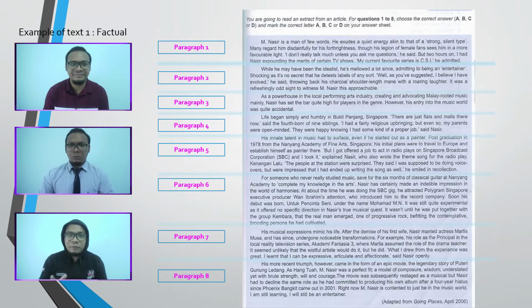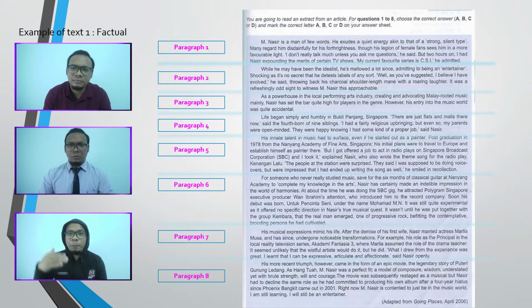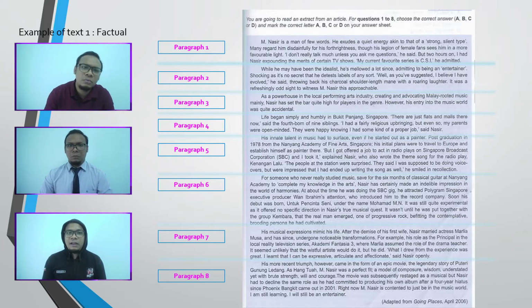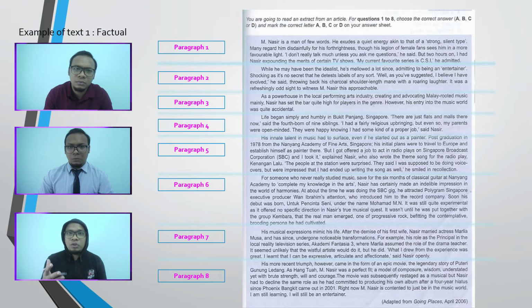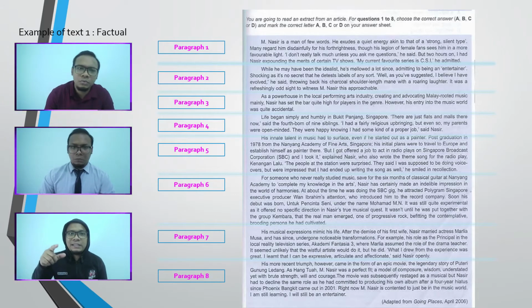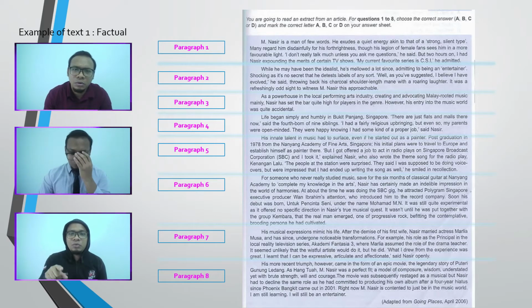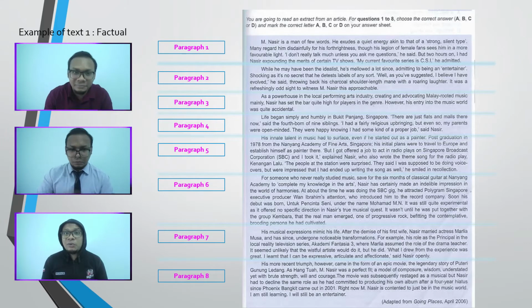For this part, before you do anything, you divide the text into paragraphs like this. Easier for you because after this, when you want to answer questions, you will know which paragraph. You can see here paragraph 1, 2, 3, until the last paragraph. You divide first.